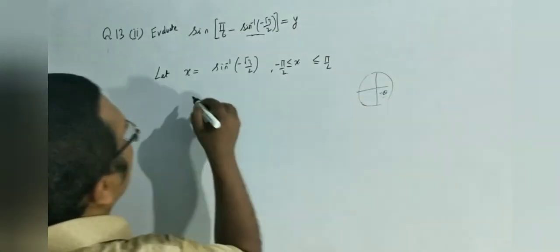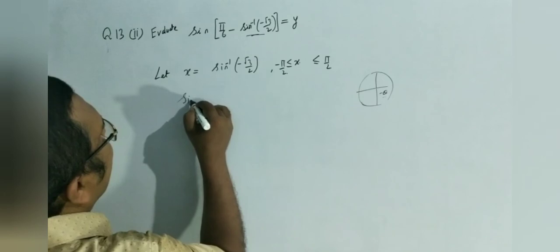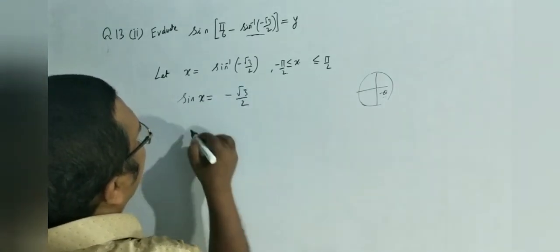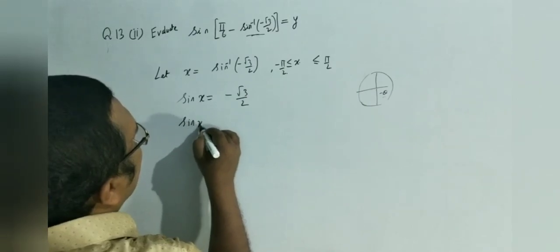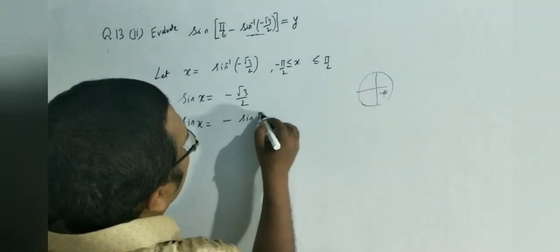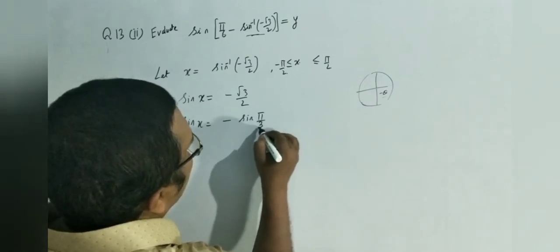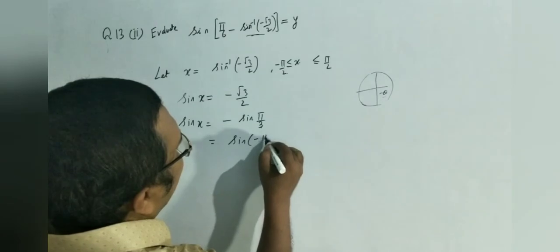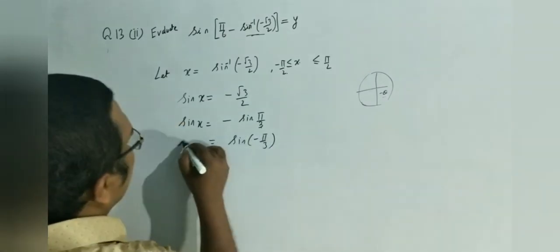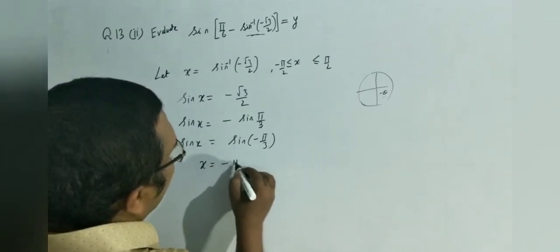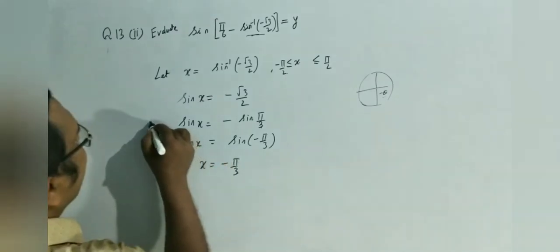So I'll write here sin x is equal to minus root 3 by 2. Sin x is equal to minus sine pi by 3. I can write here minus pi by 3, so x is equal to minus pi by 3.